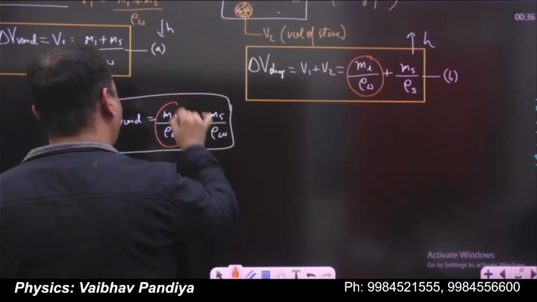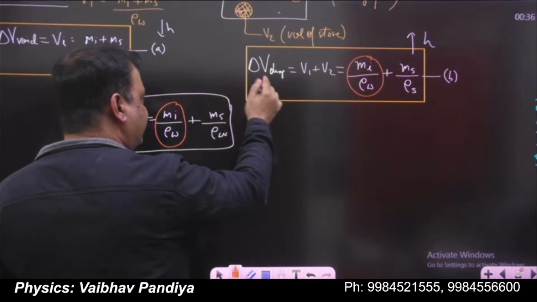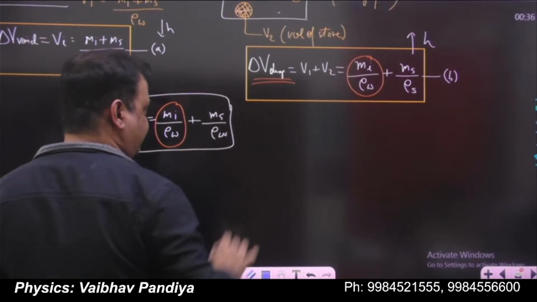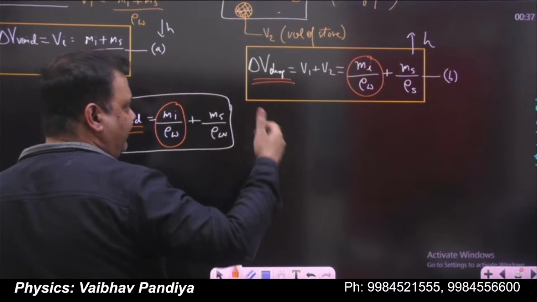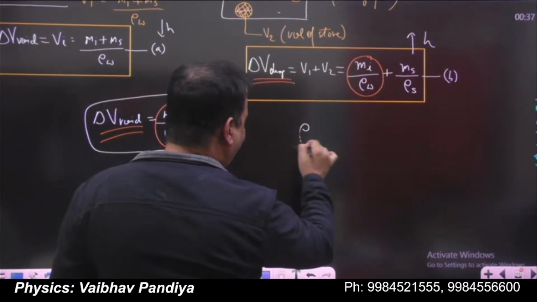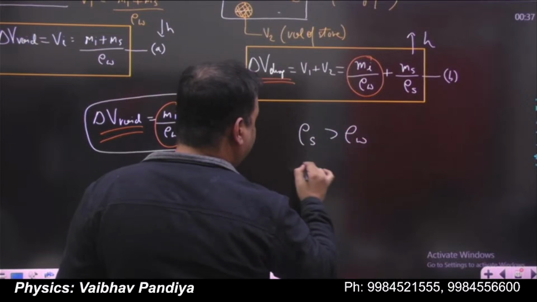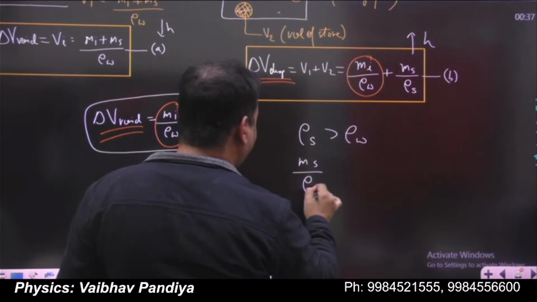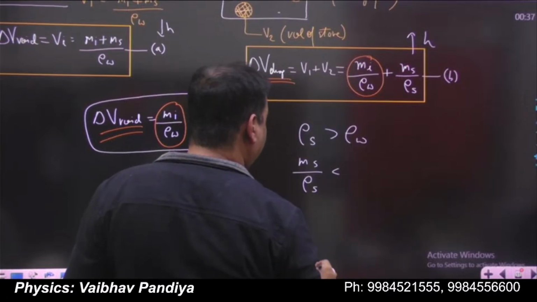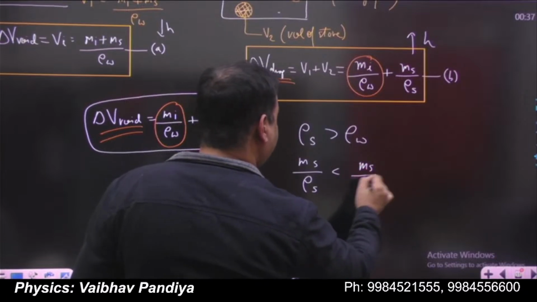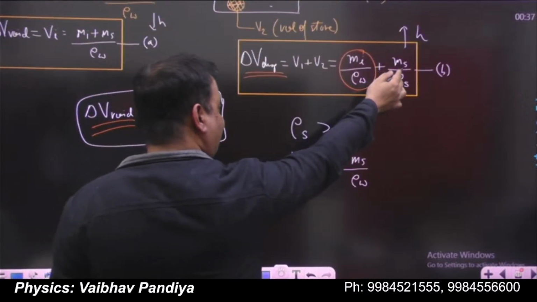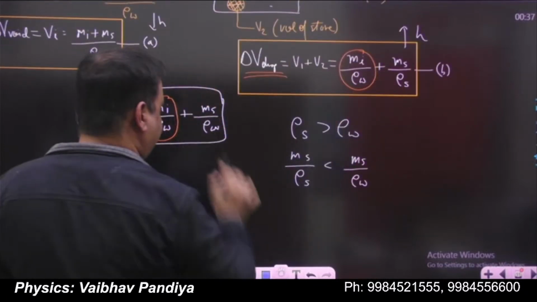So whether the displaced volume or the void volume is greater will be determined by the second factor. Whichever expression has the greater second factor will be greater. Now we know rho of stone is greater than rho of water. So mass of stone by rho of stone will be less than mass of stone by rho of water, correct? So this factor, mass of stone by rho of stone, will be less than this factor.